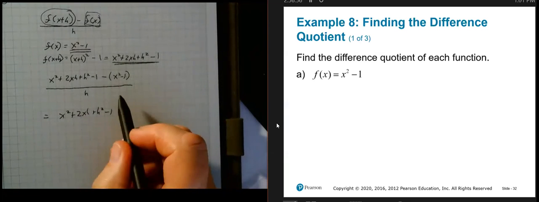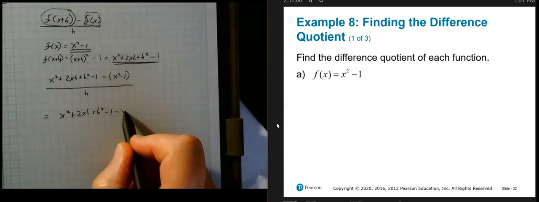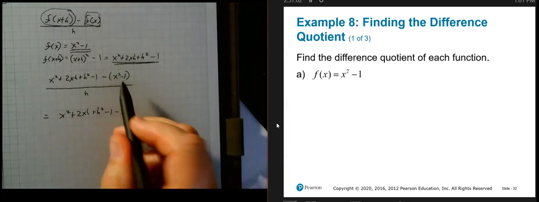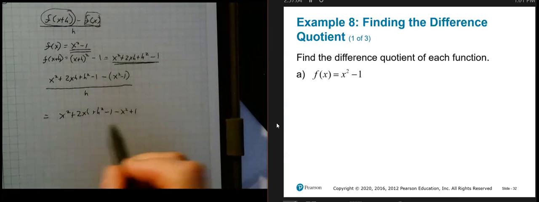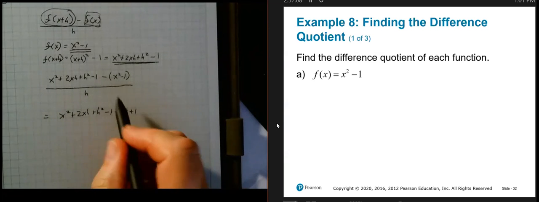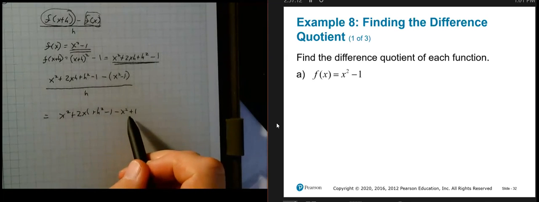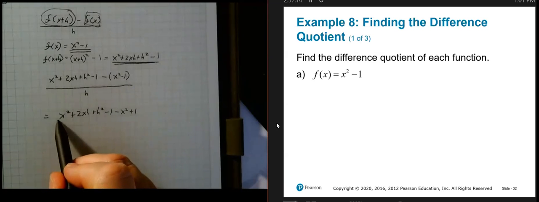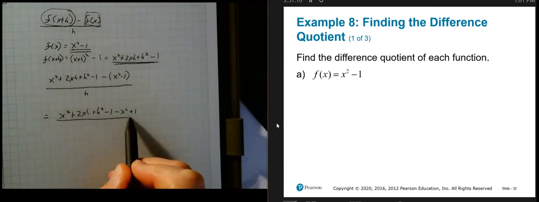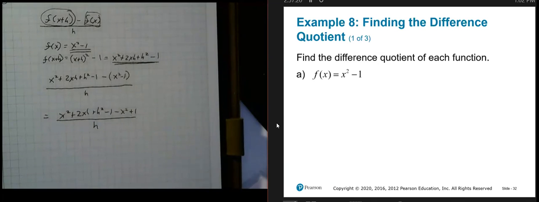And so now I'm going to do minus x squared, and then minus a minus 1, which is plus 1. Because a negative times a positive is a negative, and negative times negative is positive. And I'm still dividing by h.